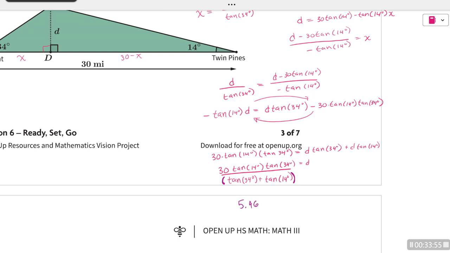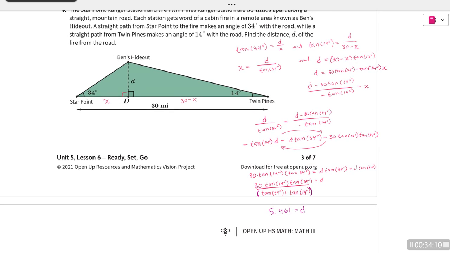We can go to 3 decimal places, I guess. So 5.461 equals d. And since our distance is in miles, the distance is about 5.46 miles.